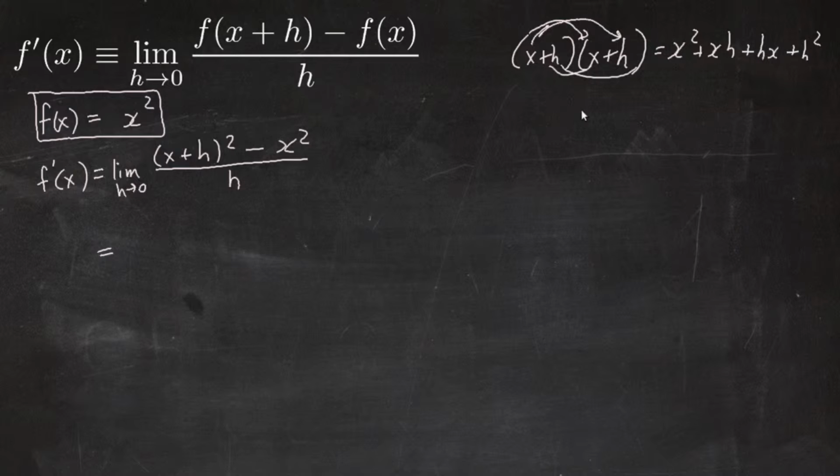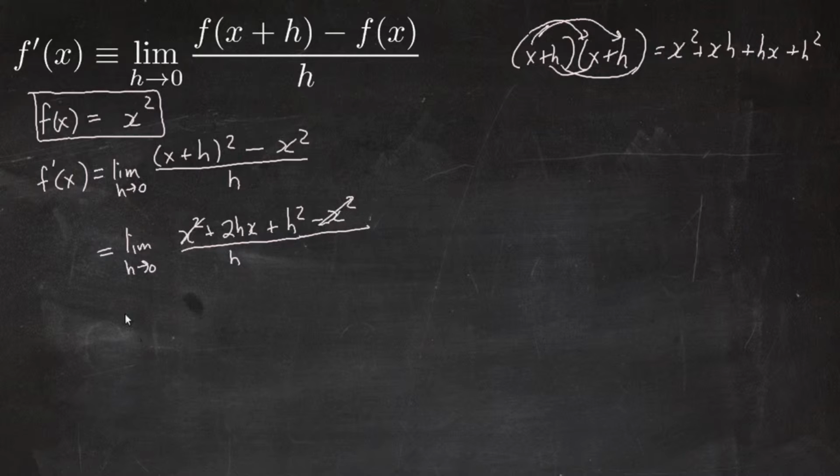So the derivative here will be the limit as h goes to 0 of x squared plus hx plus xh, that's 2hx, plus h squared, all over h, and minus, don't forget this guy, minus x squared.